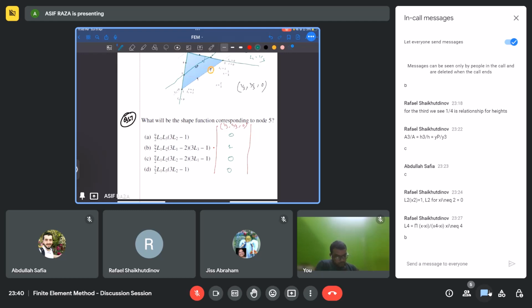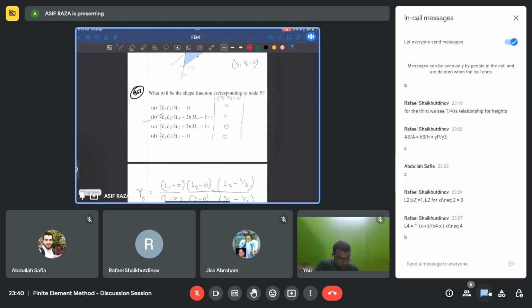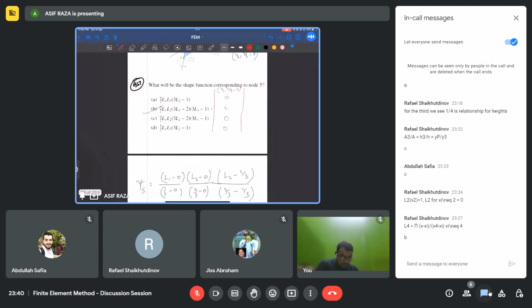So we can say for sure that option B would be the answer by using the elimination rule. Now we need to see why. In the answer, lines involved are L1 equal to 0, L2 equal to 0, L1 equal to 2 by 3, and L3 equal to 1 by 3.